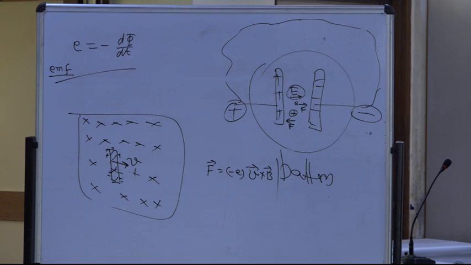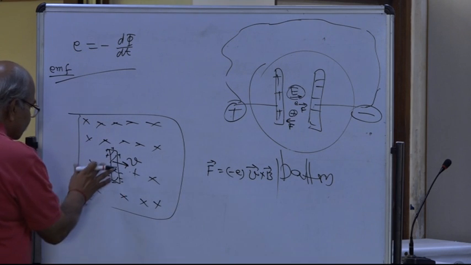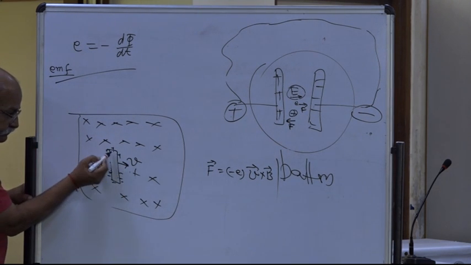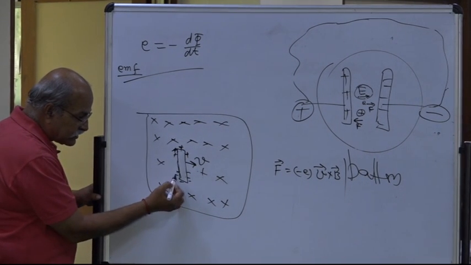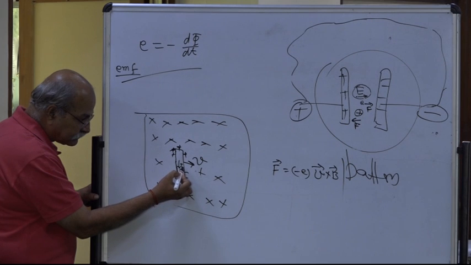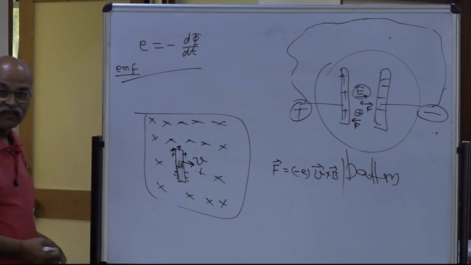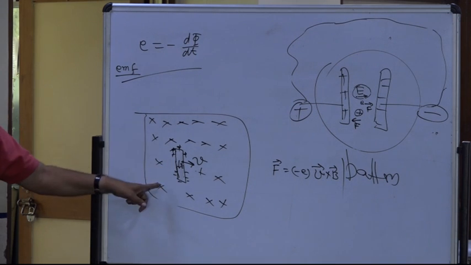Because of this charge separation, an electric field is produced inside the rod. You have plus charges here, minus charges here, and there is an electric field here. This electric field opposes that driving force.